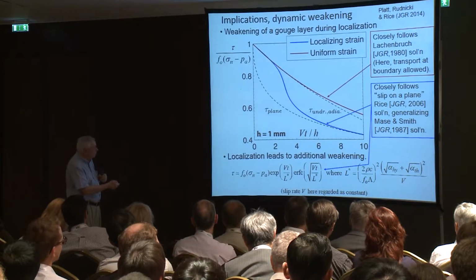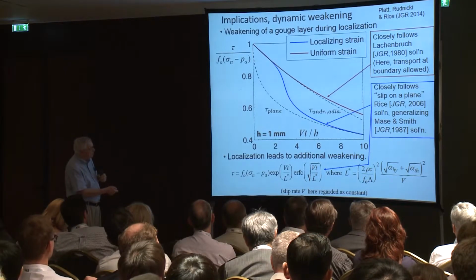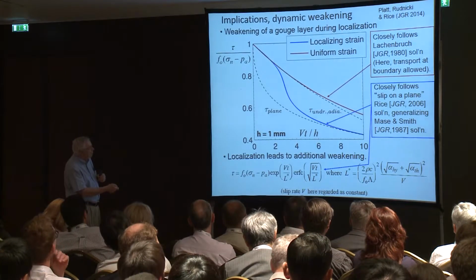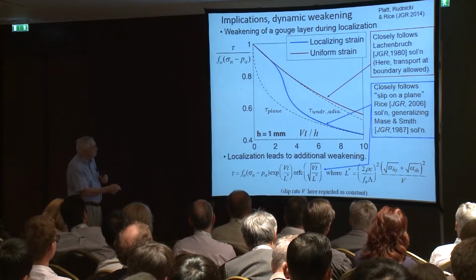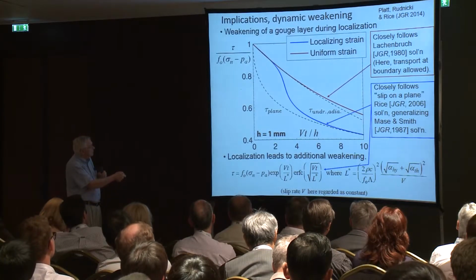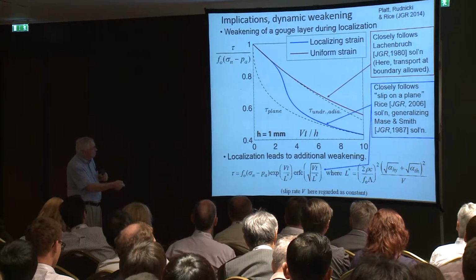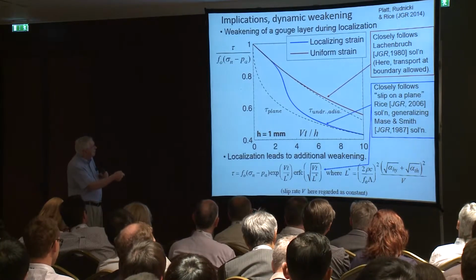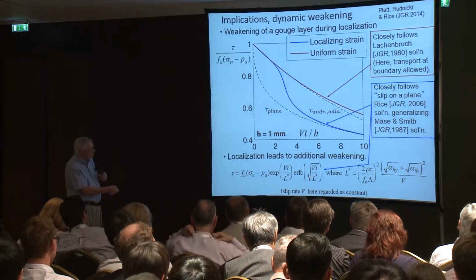And what you see here is the calculation that's represented by the blue curve. So the Lockenbrook solution that I described, assuming homogeneous deformation, gives the weakening that you see in the red line. And the blue line gives the result of our solving that set of differential equations I showed you.